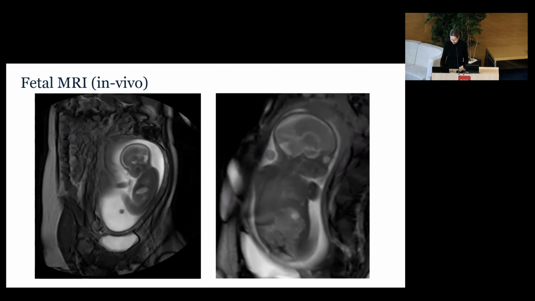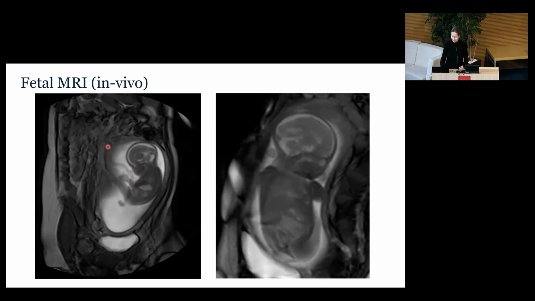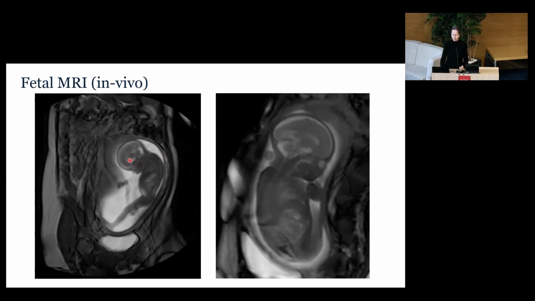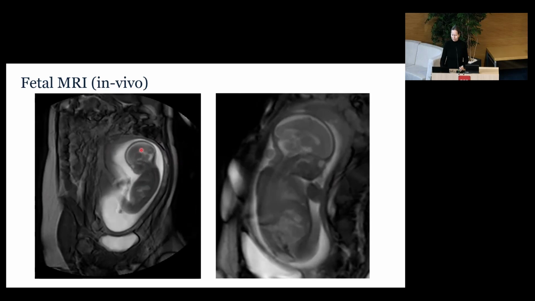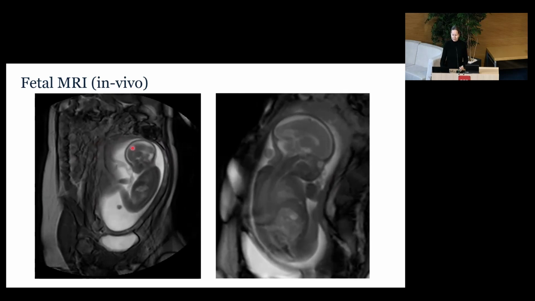I'm just wondering whether I have a pointer. Okay, good. So you see, this is a very young fetus, so it's moving a lot. The head can go quite a distance, which is difficult for motion correction. We have a mom that is breathing as well. It's moving the fetus up and down.